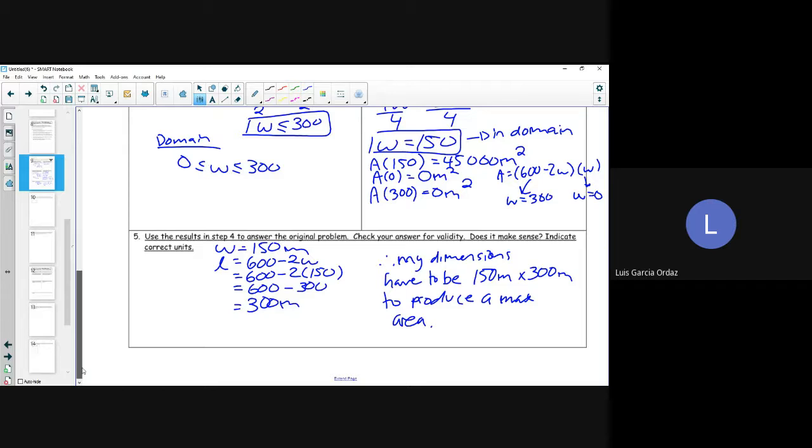If so, what are the questions? Yeah, it says max area, sorry. So my dimensions have to be 150 by 300 to produce a max area.